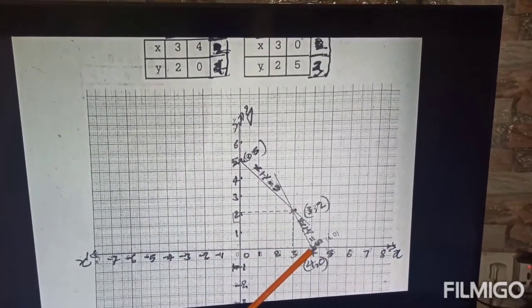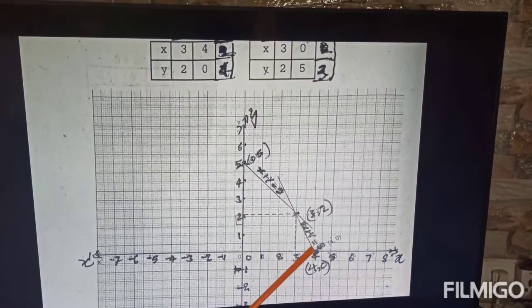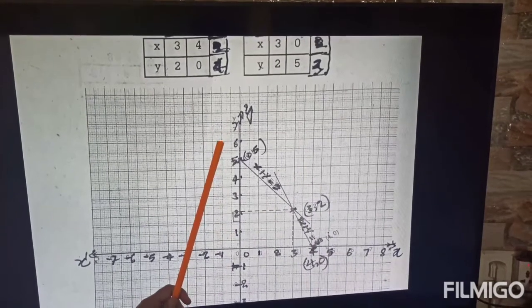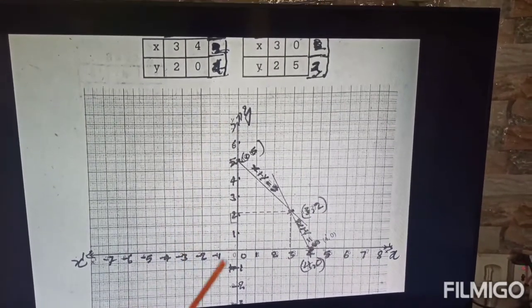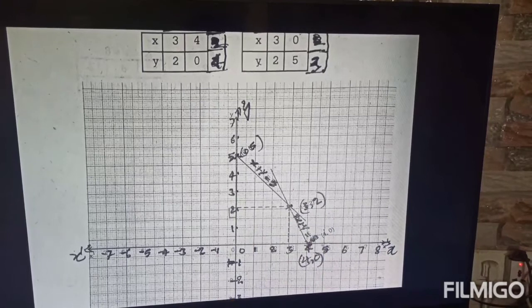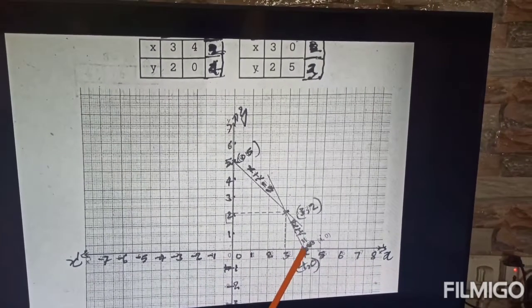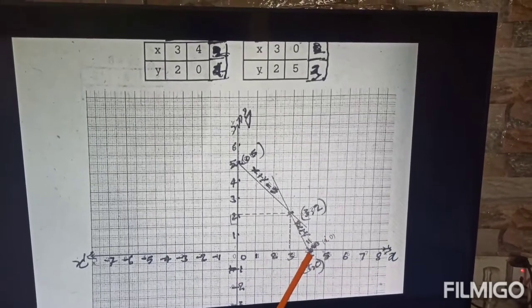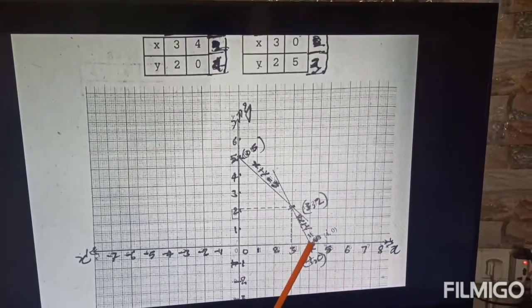It will be on the x-axis only. Any positive number for y means we have to go up. A negative number means we have to go down. 0 means that it lies on the x-axis only. Therefore 4, 0 is this point.